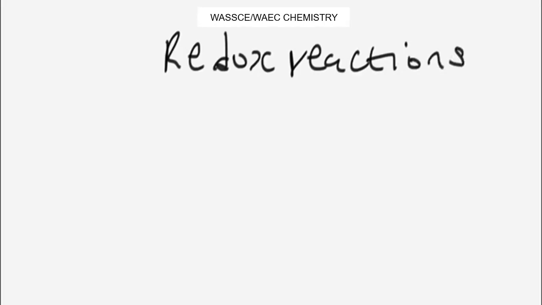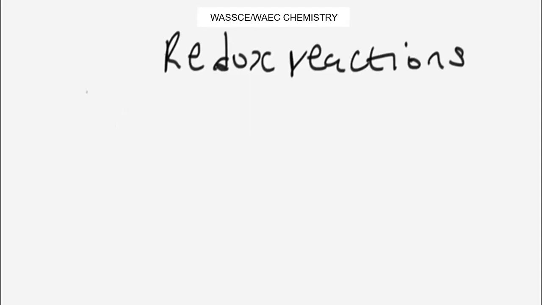Now, redox reactions happen when oxidation and reduction reactions occur at the same time. So when oxidation and reduction reactions occur at the same time, we call it what? Redox reaction.